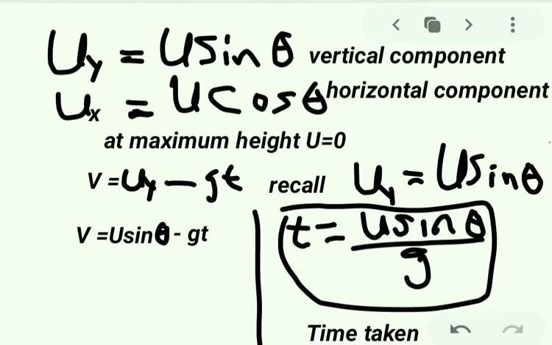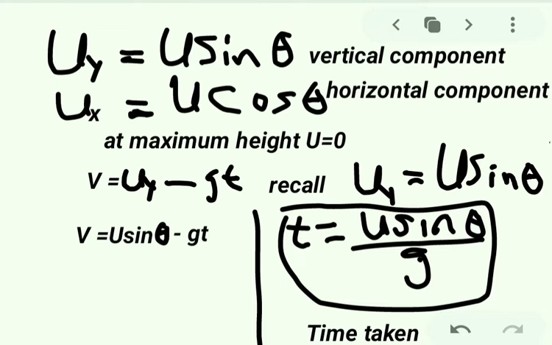We replace u with u sub y, and u sub y is equal to u sine theta. So v is equal to u sine theta minus gt. Now making t the subject of the formula, we obtain the time taken: t is equal to u sine theta over g.